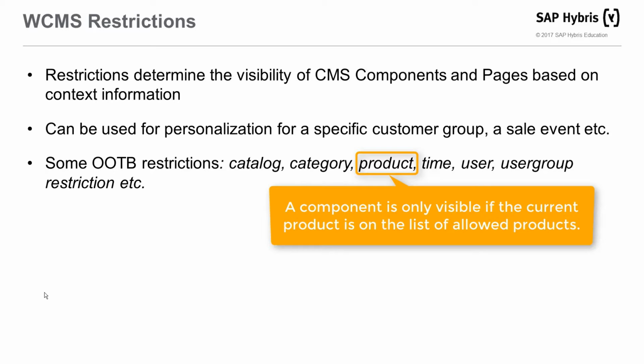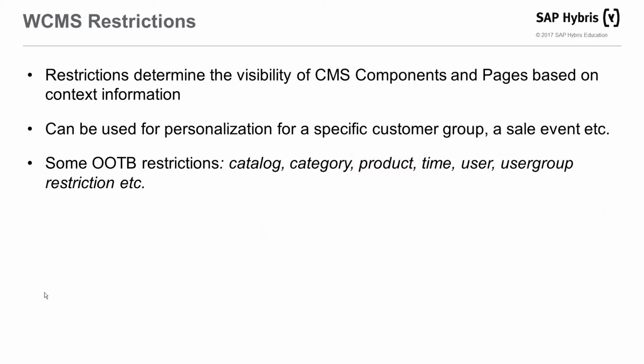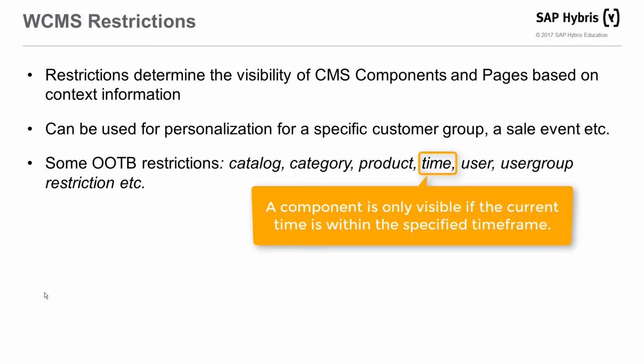If not, the component will not be shown or the page will not be found. A time restriction can limit a component or a page to only be visible within a certain date and time range. If the current time is not between the specified starting and ending dates and times, the component will not be shown or the page will not be found.